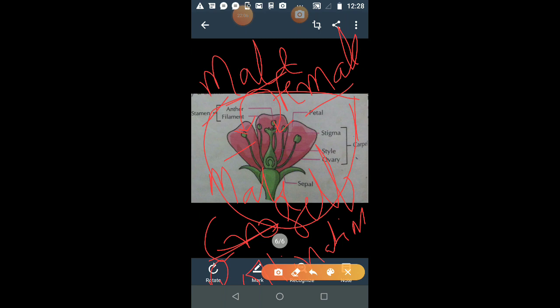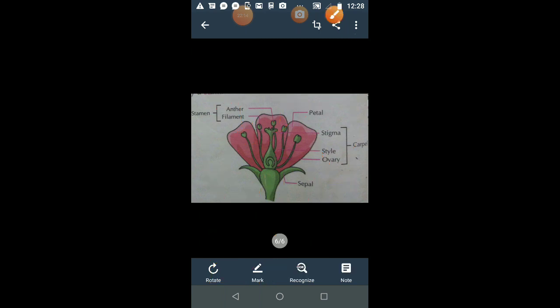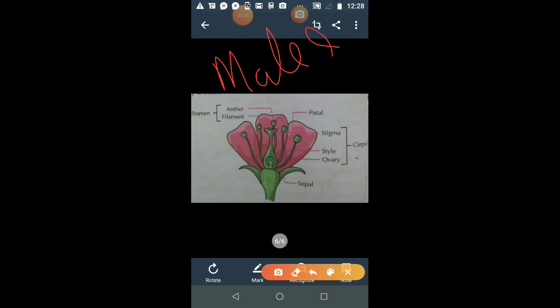I am again repeating. Now this is a flower which contains both male and female part. Now I am showing with the help of an arrow. Where are the pollen grains?